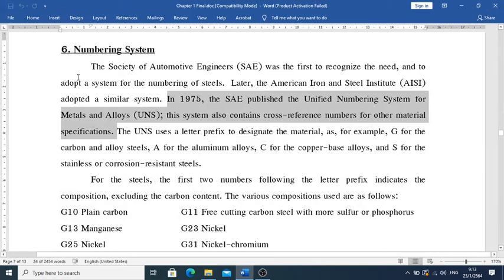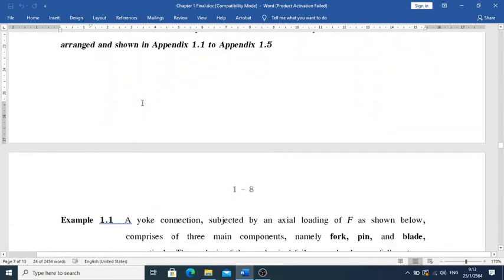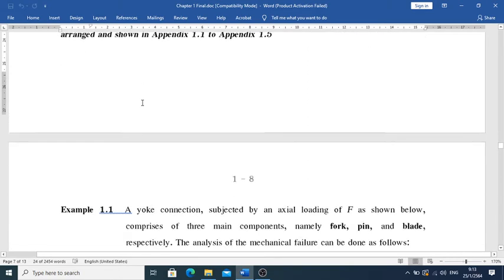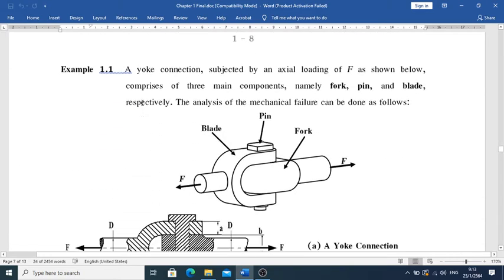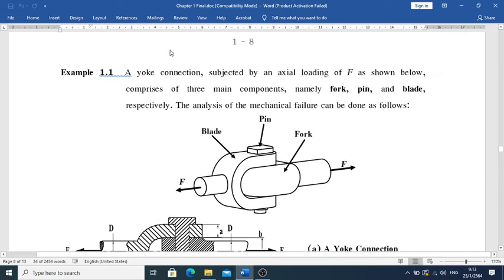And then for the numbering system that I mentioned, this is the thing that we discussed already. So let's go for example 1.1. This is the thing that I would like you guys to practice: a yoke connection subject to an axial force of F, as shown below, comprised of 3 main components: fork, pin and blade.